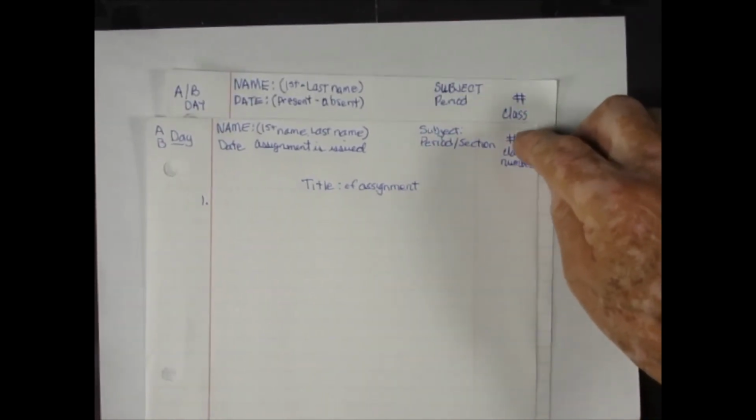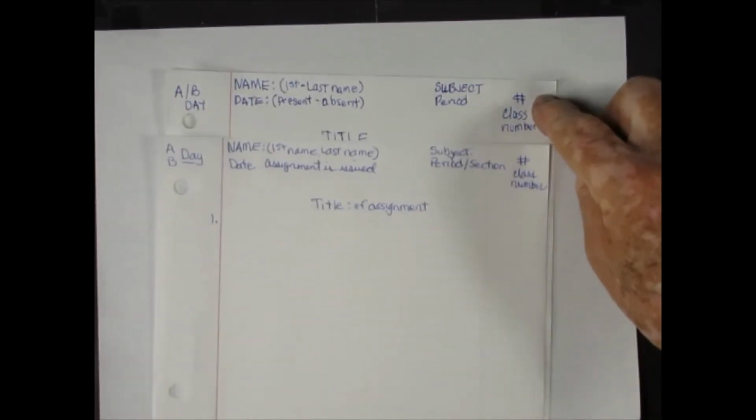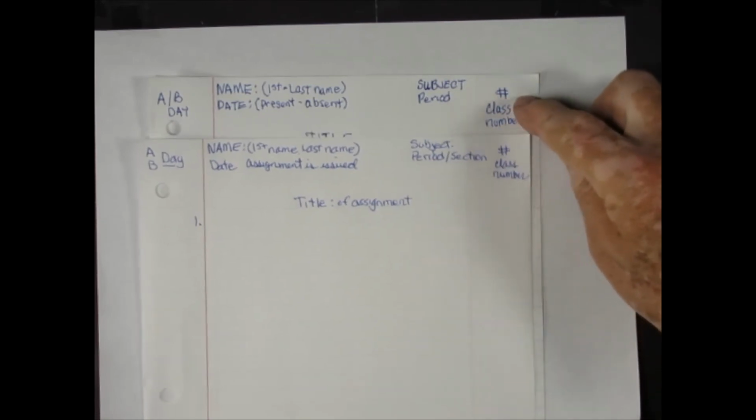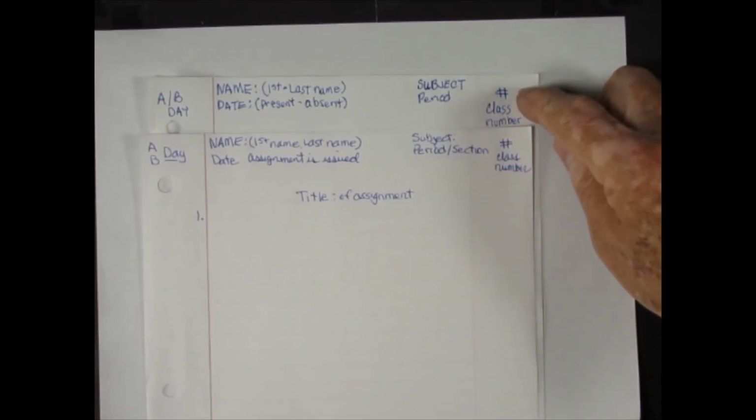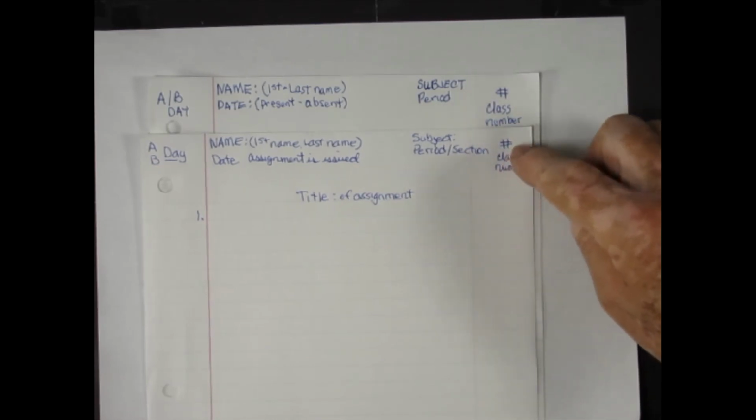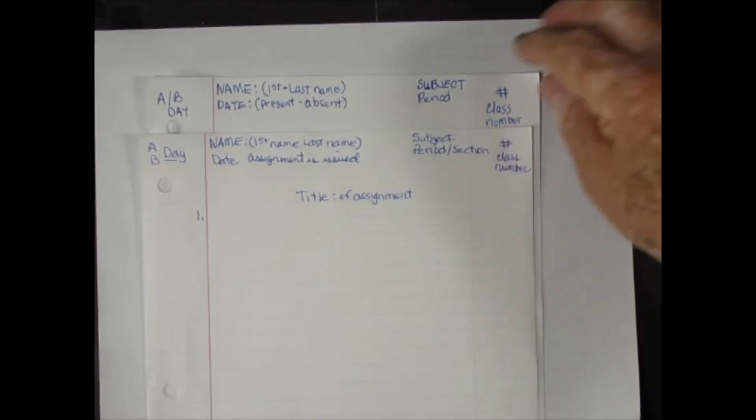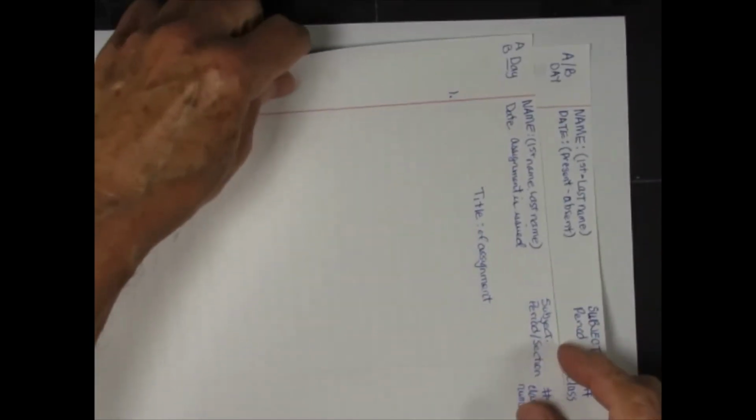But now let's say the student moves. Well, now the numbers will skip. So let's say class number 2, student number 2 was gone. He moved to another city or he went to another school, whatever. Well, now you're going to go from 1 to 3 and so on. But this will make it easier for you.